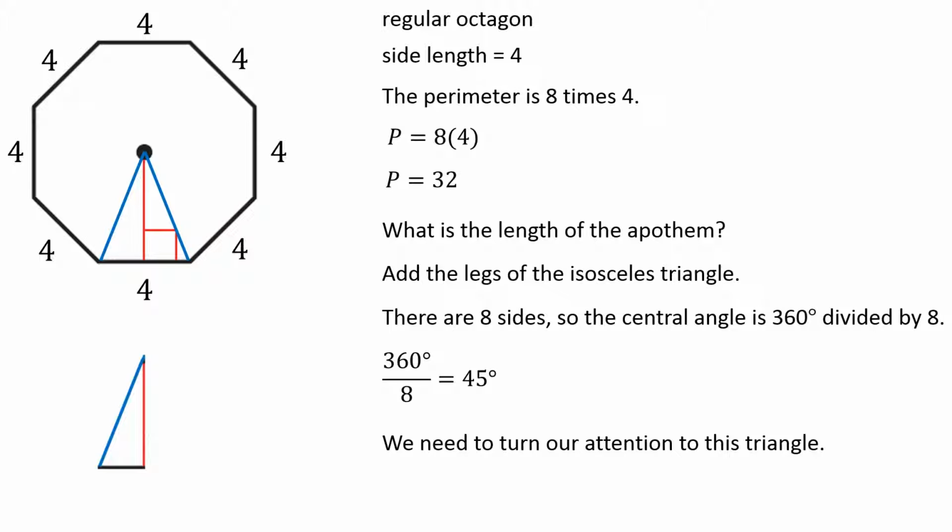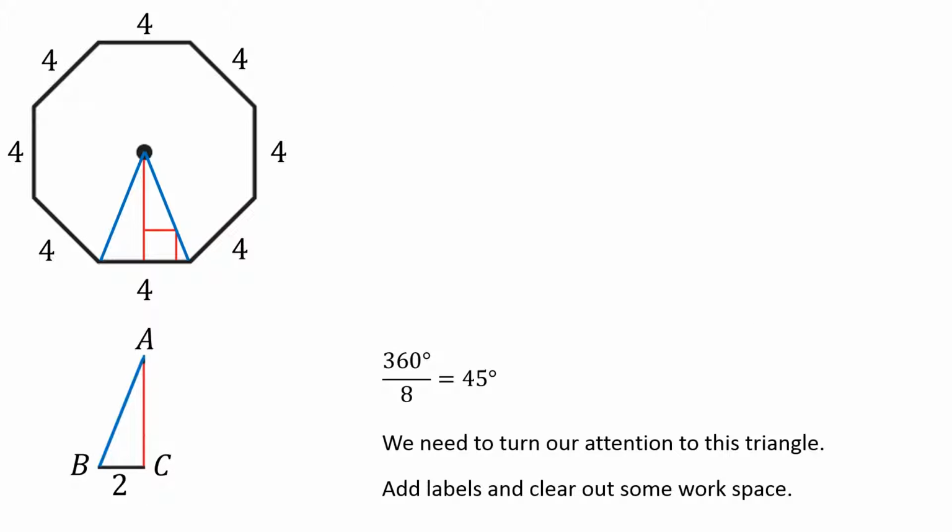Now, notice I'm only looking at half of that isosceles triangle, which means I don't really want to use 45 degrees. Right? I'm going to actually use half of that 45 degrees.